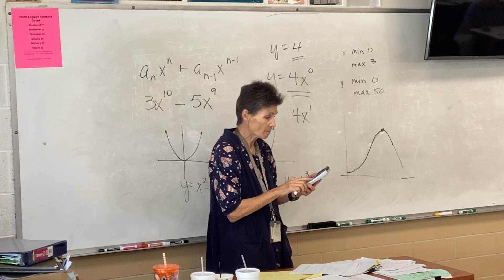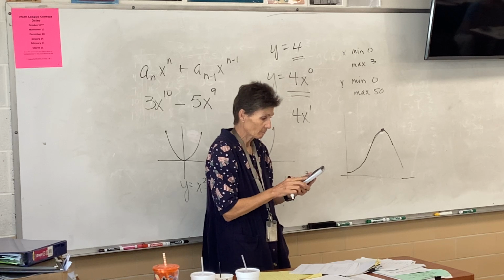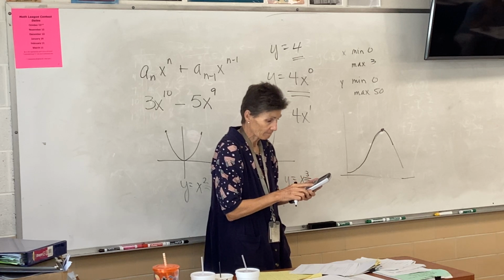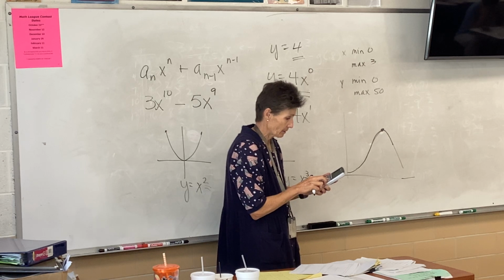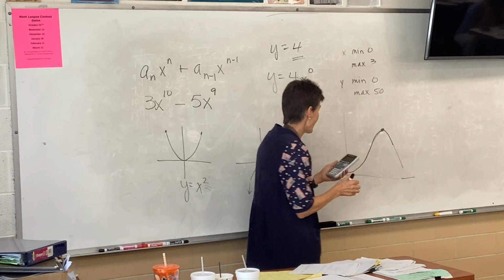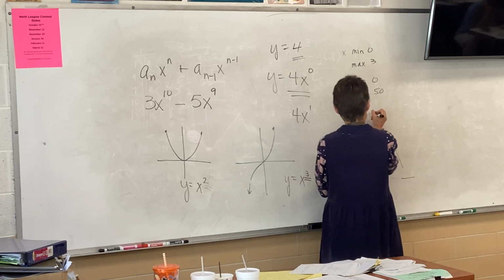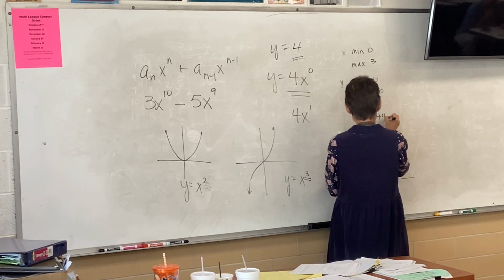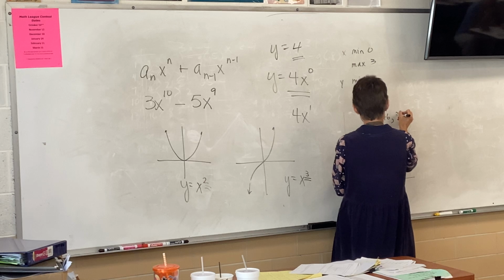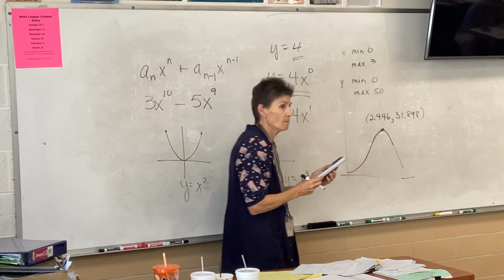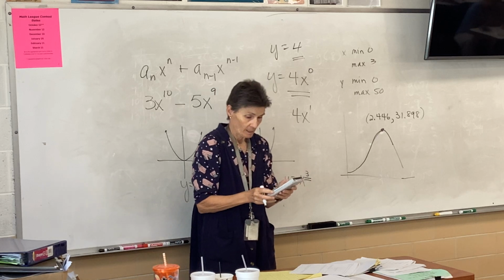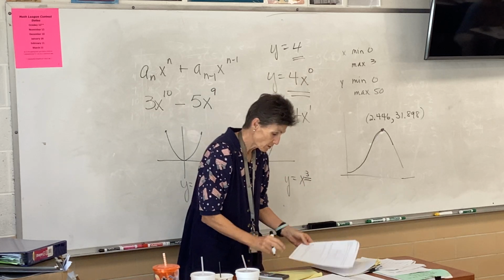So second calc max. And my maximum point, 2.446, comma, 31.898. That's what I got for my maximum point. Now we make sure we answer the question.